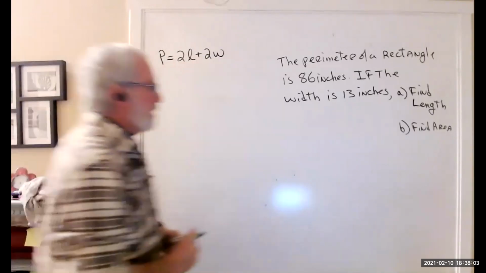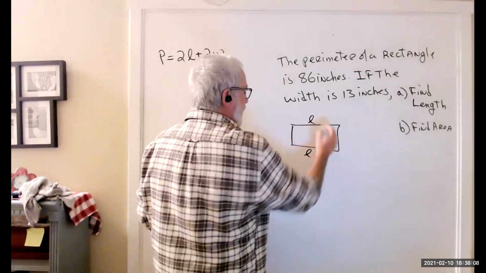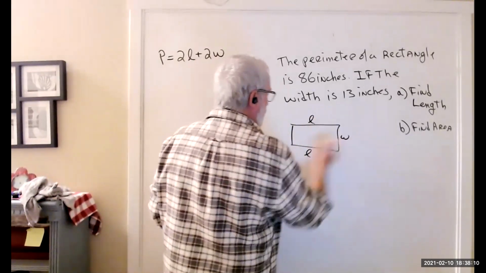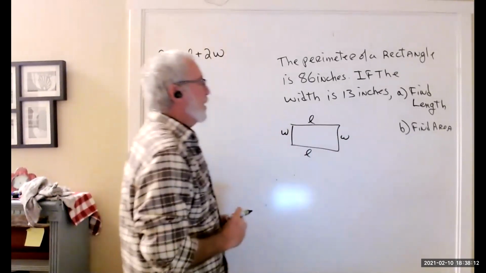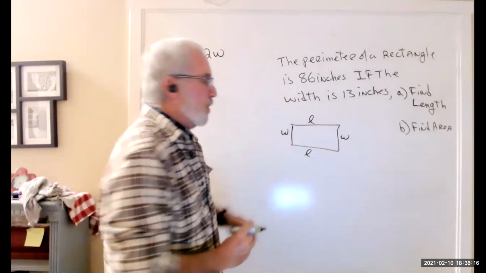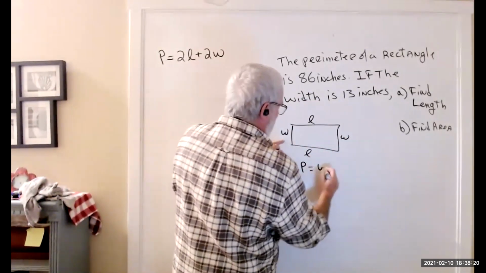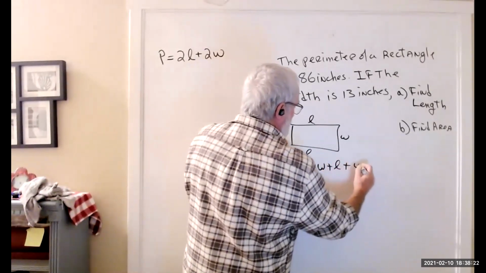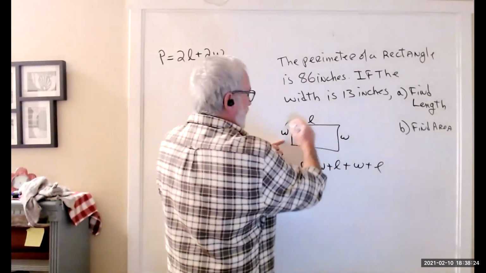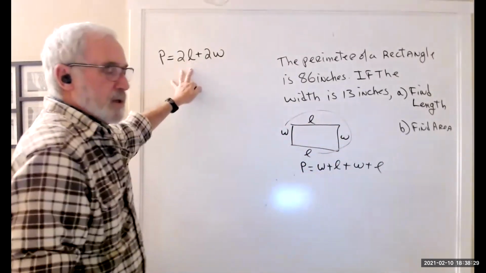Think about a rectangle right here. You've got a length, a length, a width, a width. The word perimeter means the distance around the outside. So technically the perimeter is width plus length plus width plus length, if you just add up as you go around. But if we combine like terms, you get that formula.